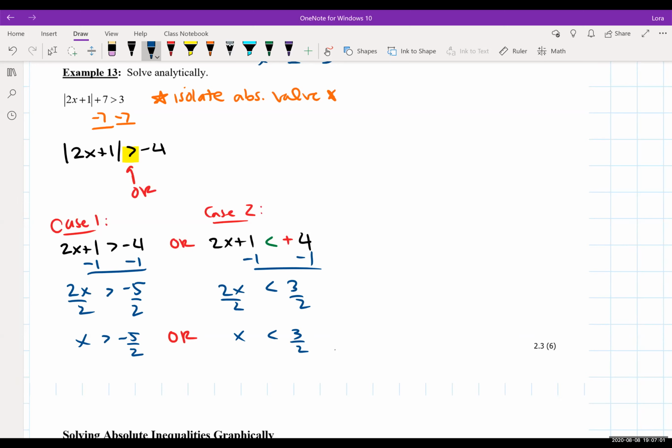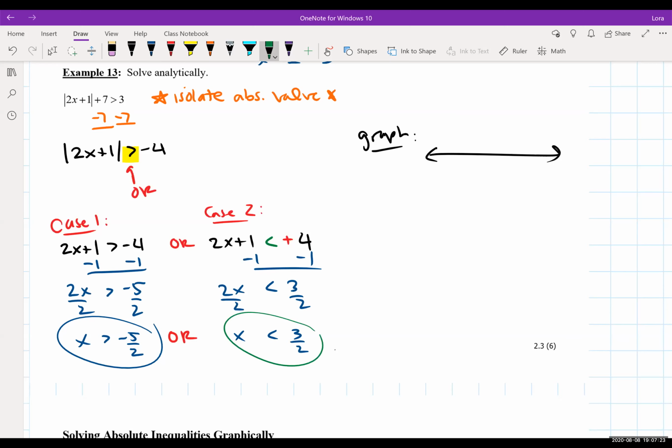So now what we want to do is look at what is going on with our graphs. So we're going to take a nice little number line. Plot your numbers or your boundary points in relation to each other. I'll stay consistent from the previous examples. So x is greater than negative 5 halves. Negative 5 halves is going to be to the left of positive 3 halves.